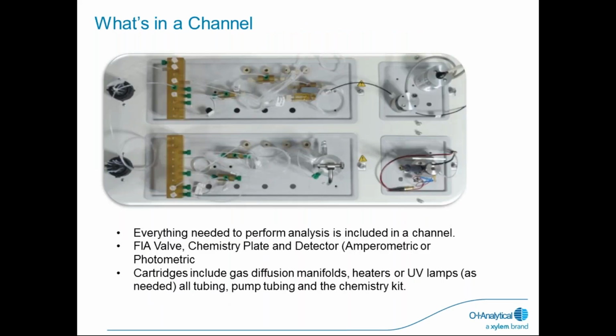So what's in a channel? Everything needed to perform analysis is included in a channel. We include our FIA valve, chemistry plate, and detector, amperometric or photometric, dependent upon the chemistry. The cartridge includes your gas diffusion modules, heaters, or UV lamps as needed. We include all pump tubing and other tubing coils with the chemistry kit.